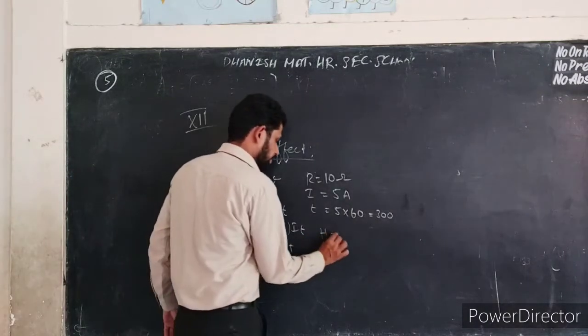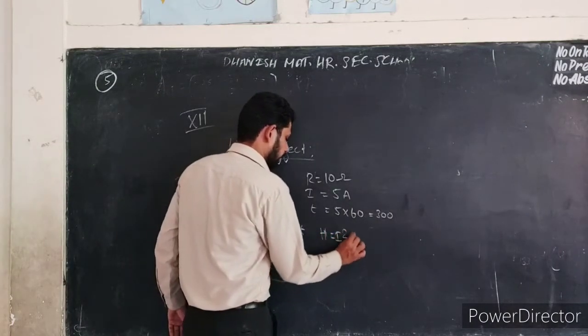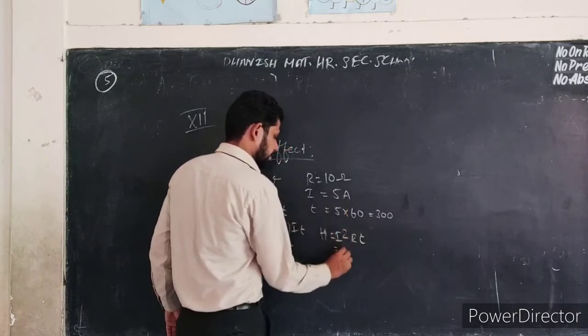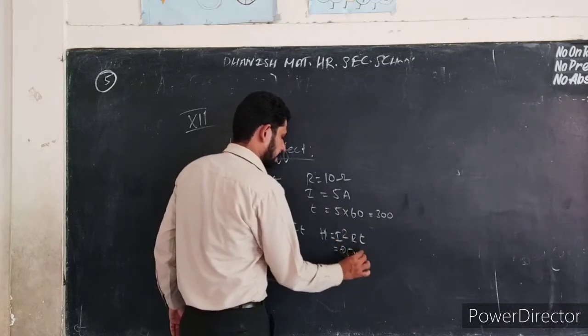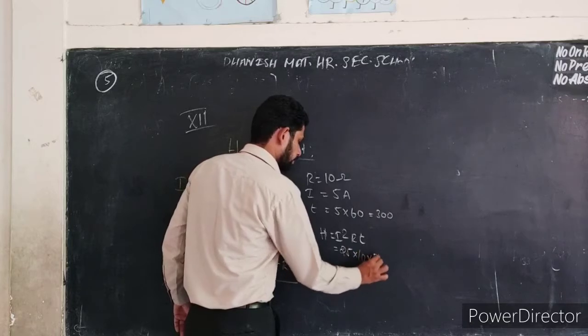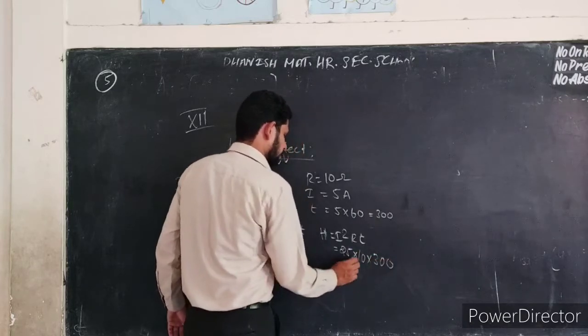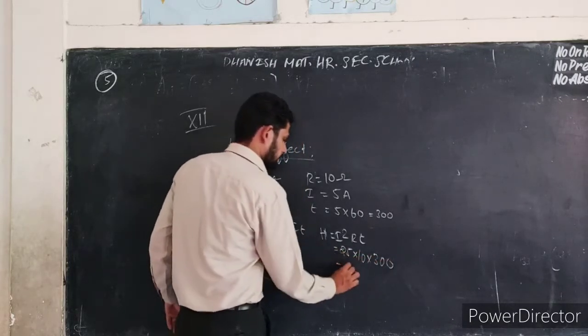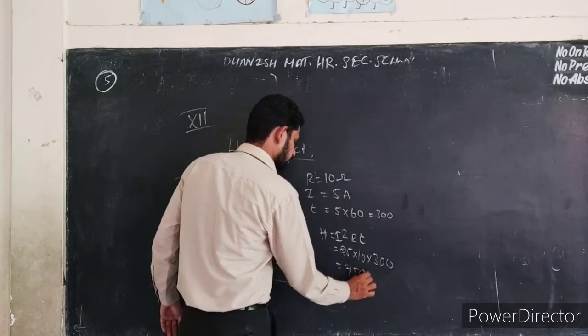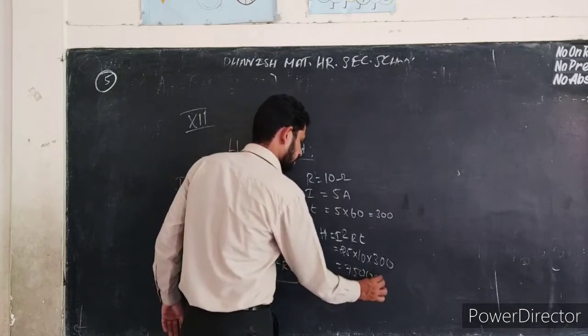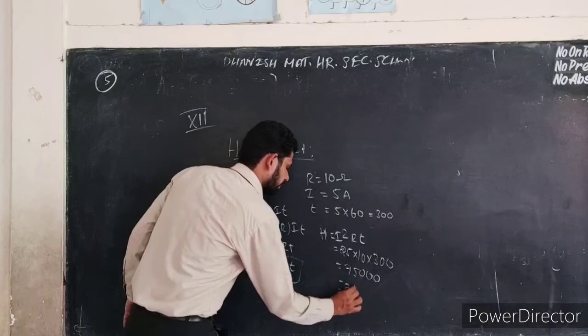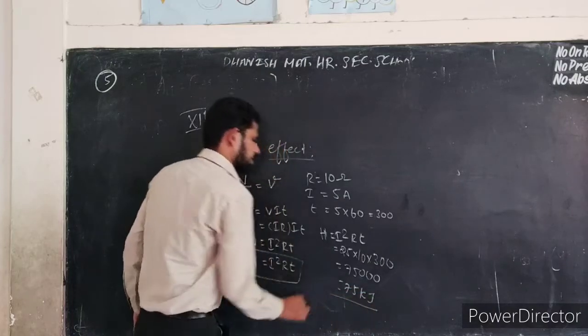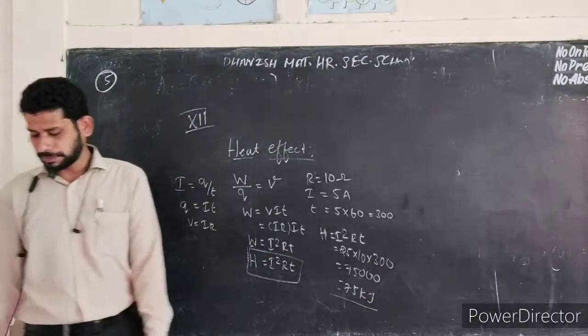So H equals I squared Rt. I squared is 25, into R which is 10, into 300. 25 into 300 is 7,500, into 10 is 75,000 joules. That's it, 75 kilojoules.